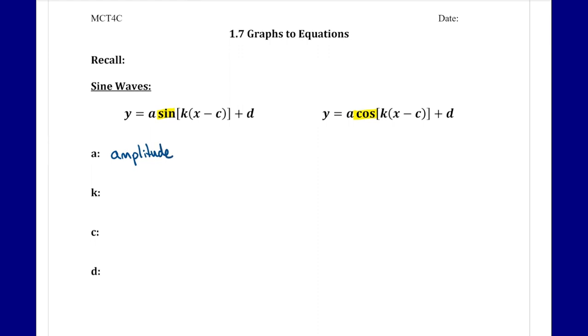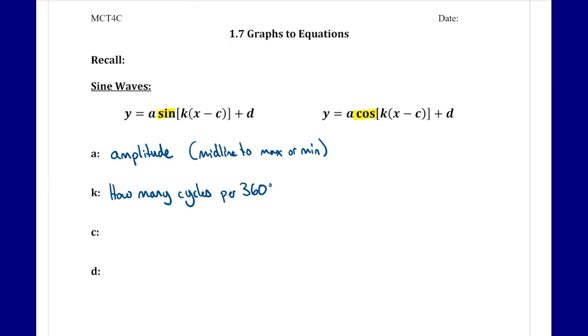So a tells us the amplitude, right? This is from the midline to the max or minimum, or half the distance from the max to the min. k tells us how many cycles per 360 degrees.